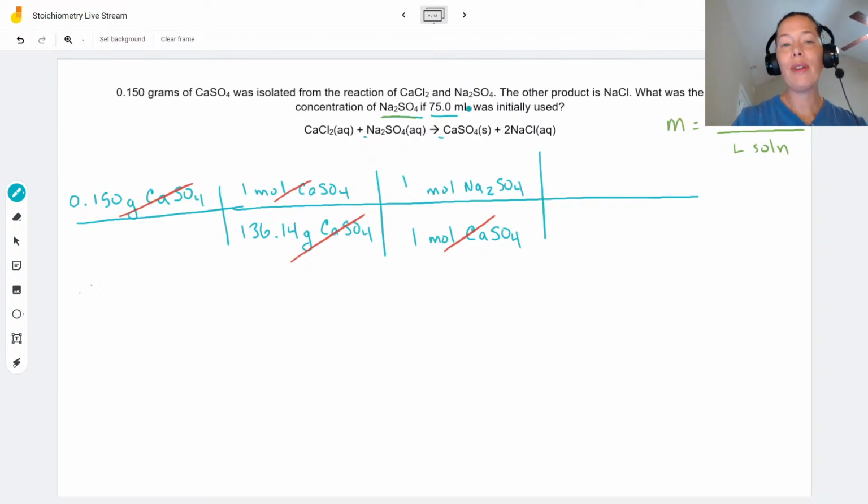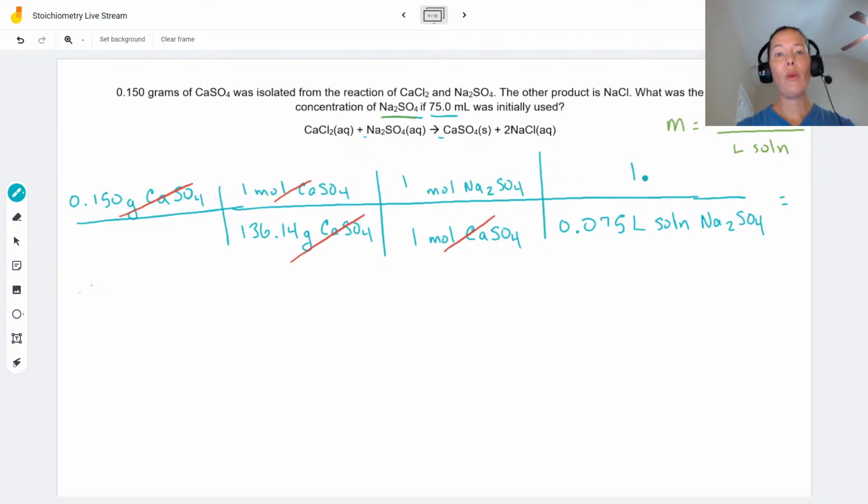I have 75 milliliters. Now I'm going to go ahead and convert that into liters. So that is 0.075 liters of solution. Again, this is the solution of sodium sulfate. And for this one, I'm just going to put a 1 in the numerator.